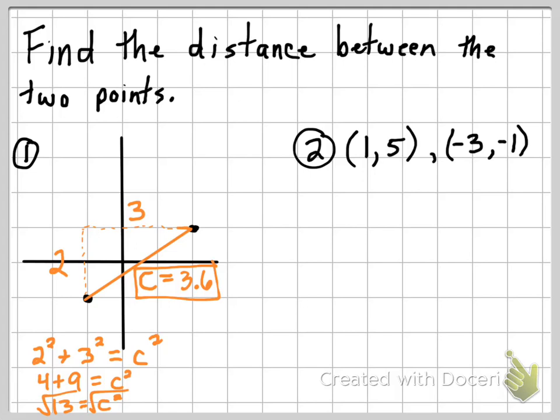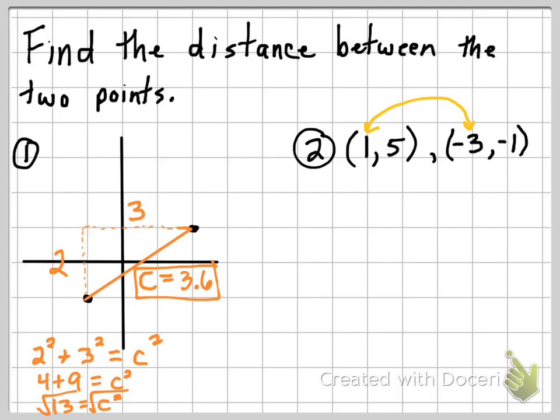Same thing for number 2. The only difference here is I'm going to find A and B slightly differently. Instead of counting up and over, I'm just going to look and say, how far are these apart? So I'm going to look at my x's. I've got a 1 and a -3.